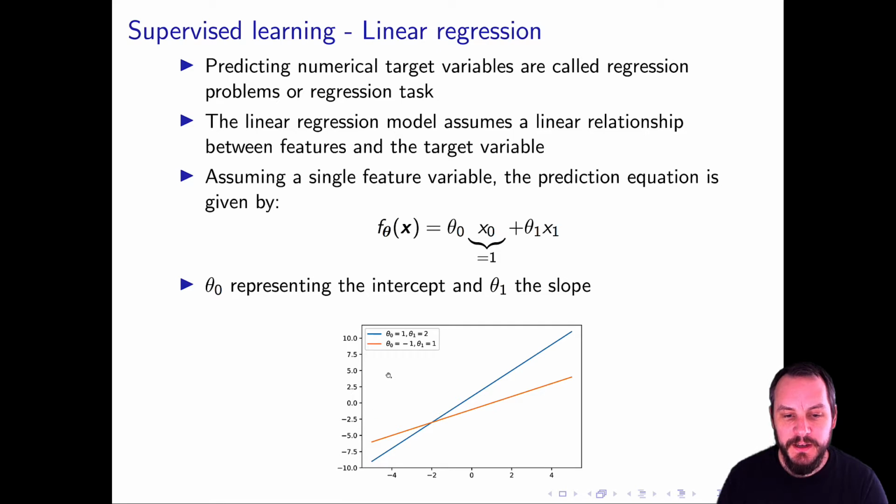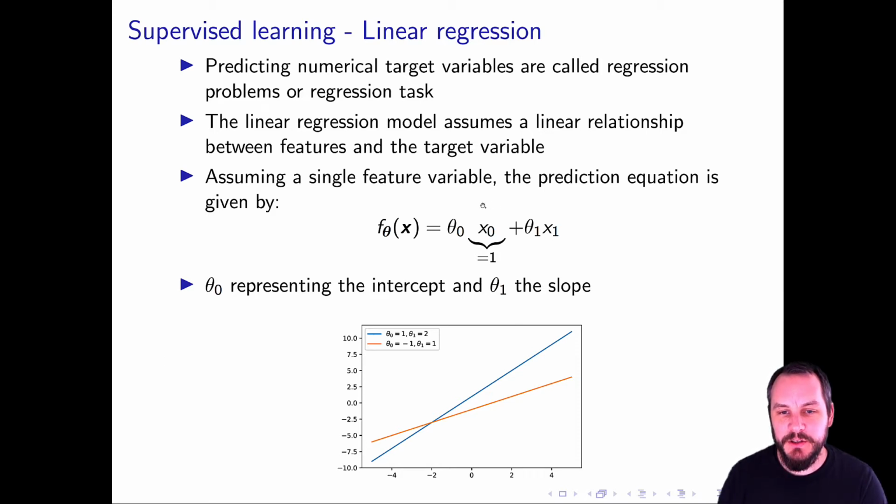And if you increase the slope of this function, then it increases how much the prediction gets bigger if we move one unit to the right regarding the feature variable. All right, and this is just to make sure that you understand what we mean by calibrating.